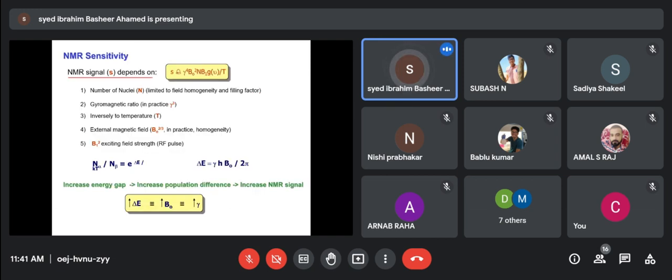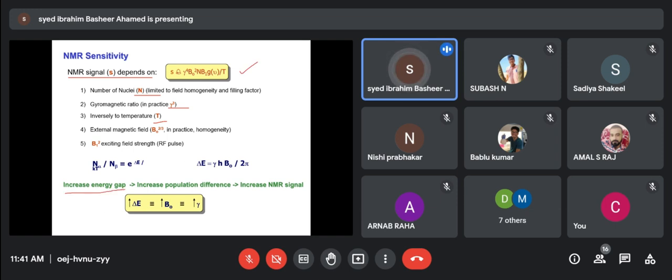So the NMR signal depends on this formula: S is equal to gamma to the power 4 B naught squared N beta 1 N B1 G of mu divided by T. So number of nuclei N, gyromagnetic ratio gamma, then temperature and so on. In general, don't worry about the explanation of all these things. Just remember this formula.